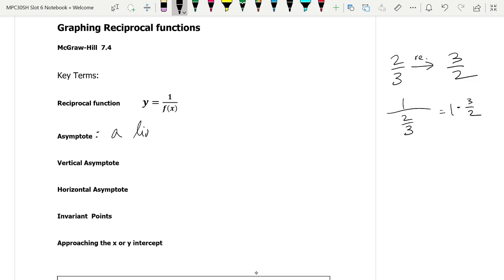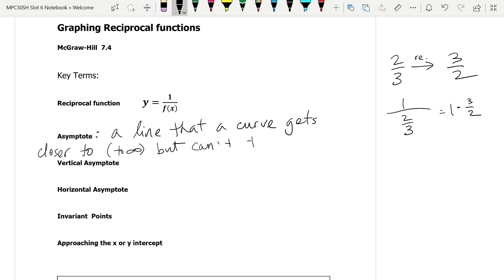A line that a curve gets closer to, I should even say, to infinity, but can't touch. You can get infinitely close to the line, but you can't touch it. That's the definition of an asymptote.